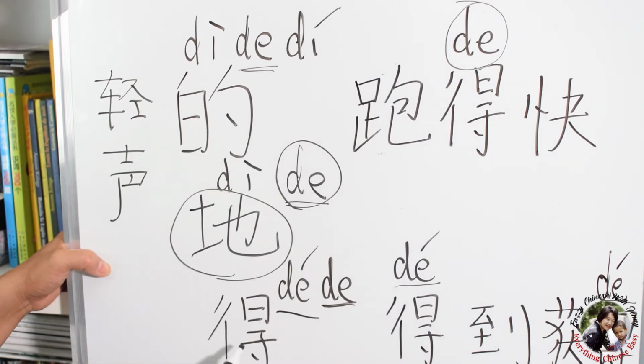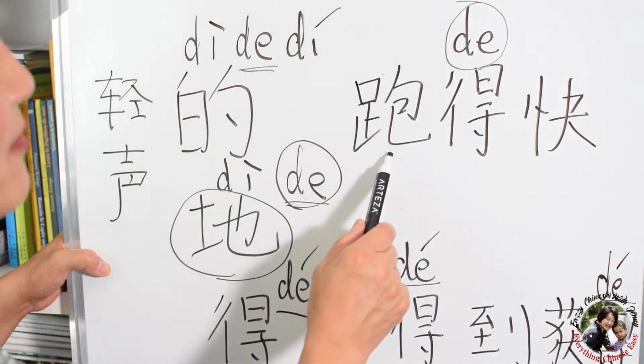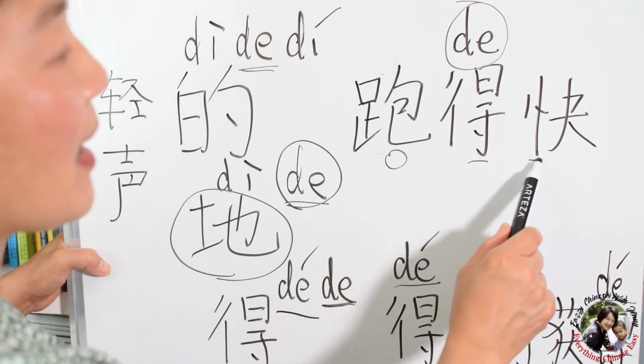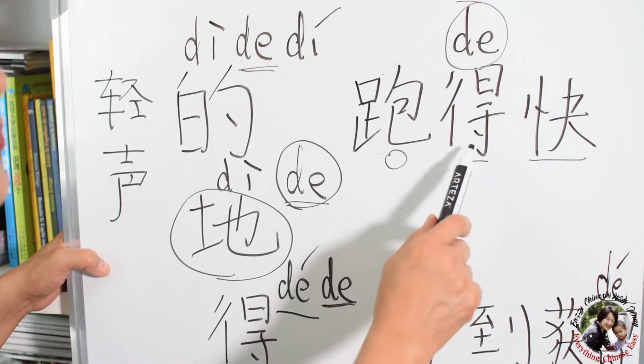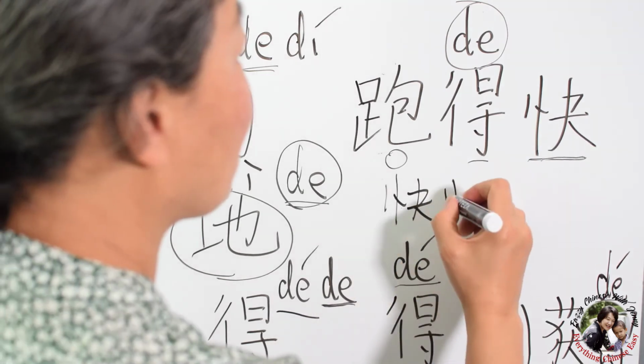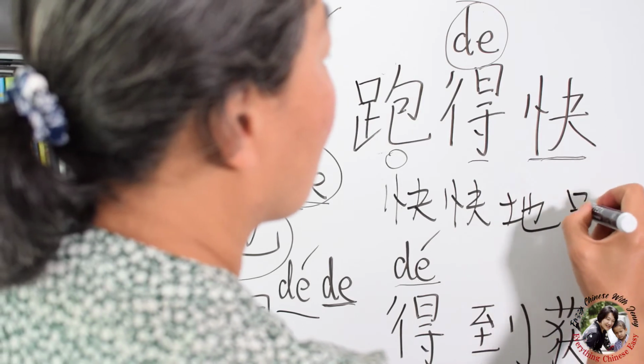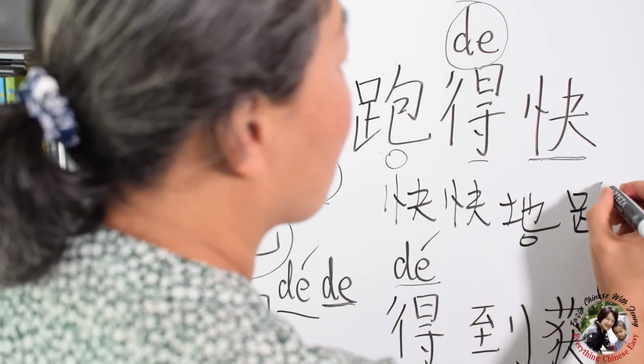When you use this character, the verb is in front of this character and the adverb follows. Instead of, if we say 快快地跑, we have to use this character.